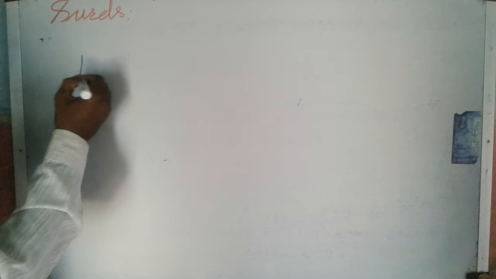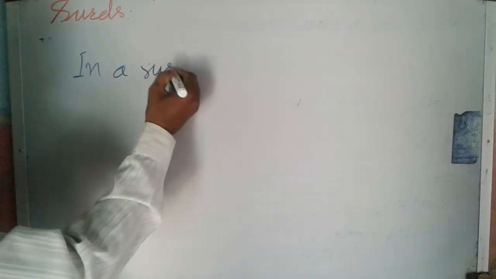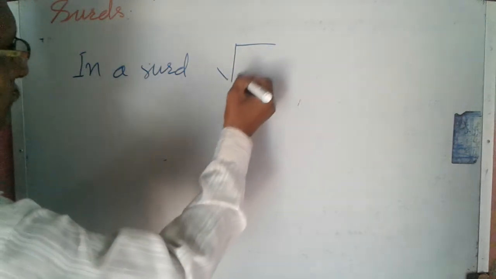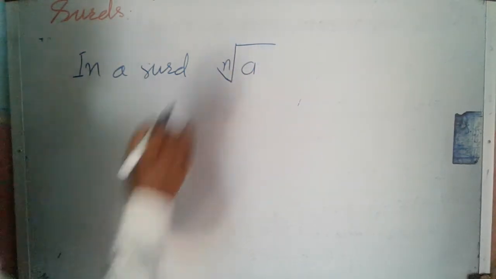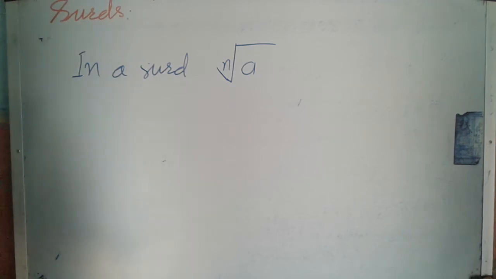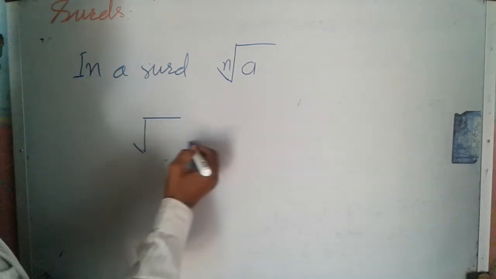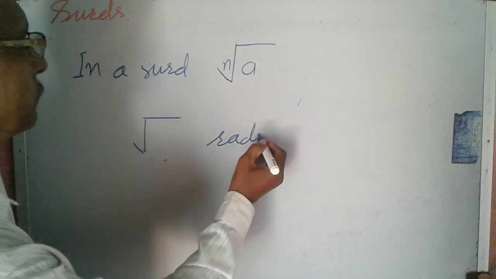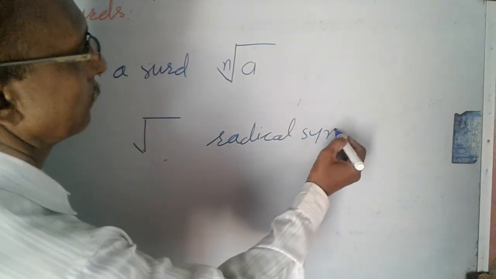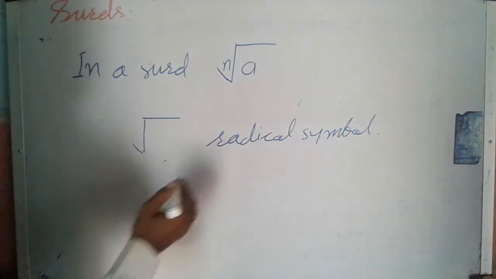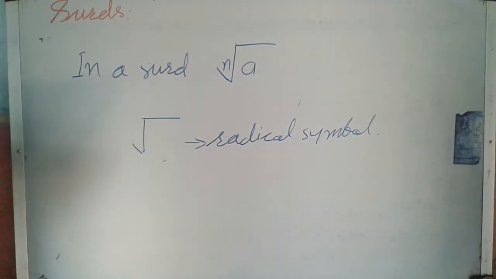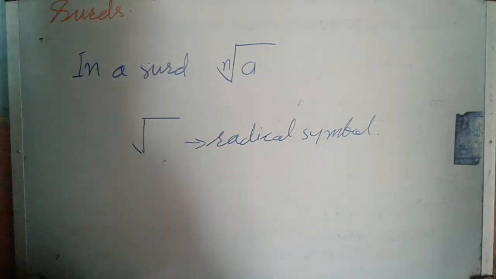For example, suppose this is a surd. Now in this, this symbol is called the radical symbol or radical sign.